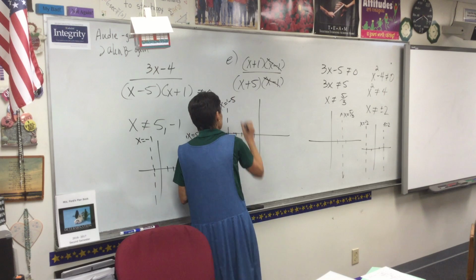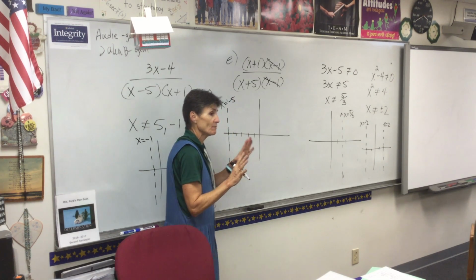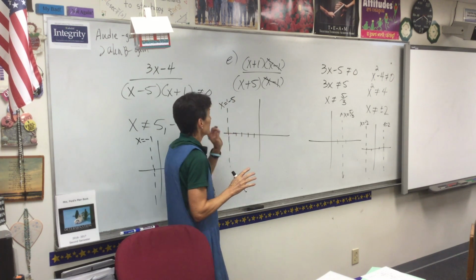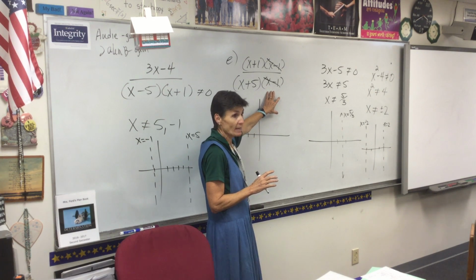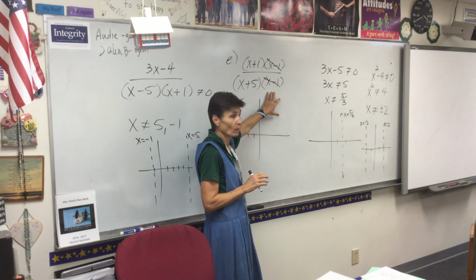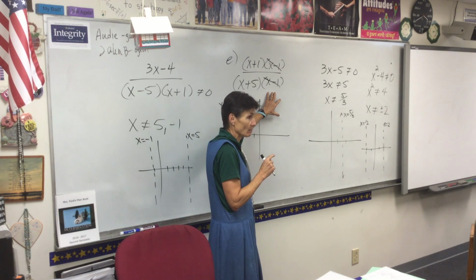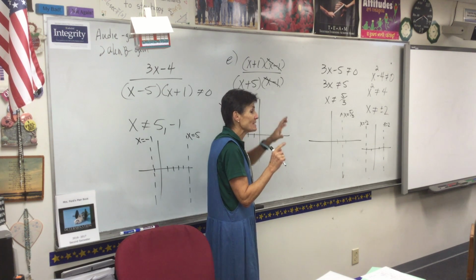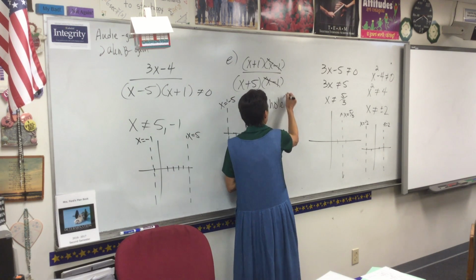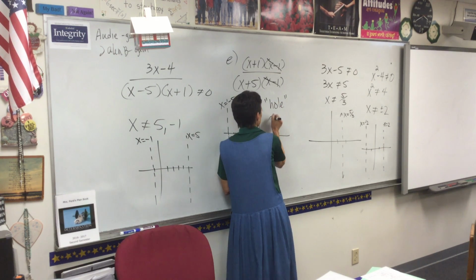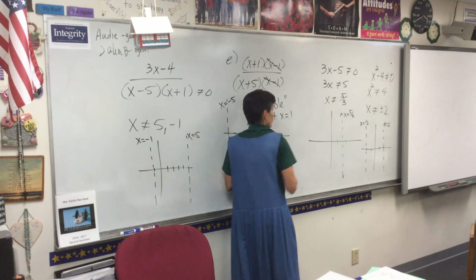Now, this is for later, but just to give you a heads up, there was going to be an asymptote at 1, right? Where x equals 1, we were going to have one, but it canceled out. What that means is, instead of having an asymptote, we are going to have a hole in our picture at x equals 1.